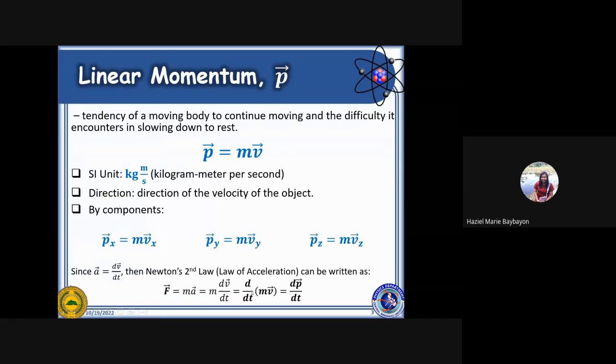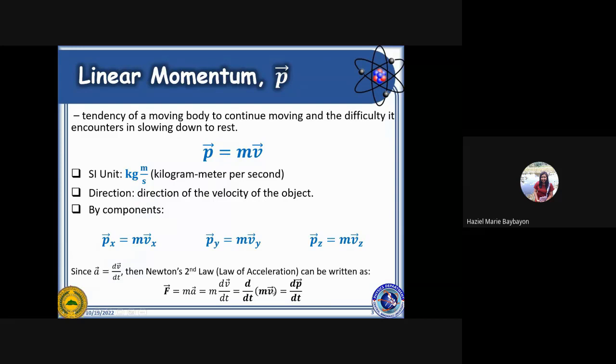So you have, or pwede na siya na ito ipasulod sa derivative nga sign, total derivative nga sign. So you have d/dt, or the derivative of mass times velocity with respect to time. This is equal to the change in momentum with respect to time. So we have another definition for force, which is the change in momentum with respect to time.